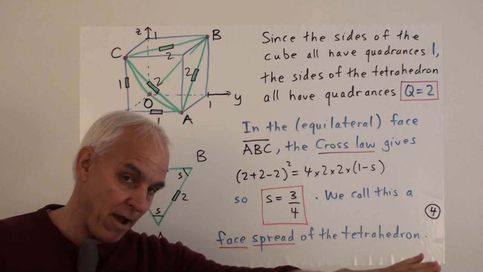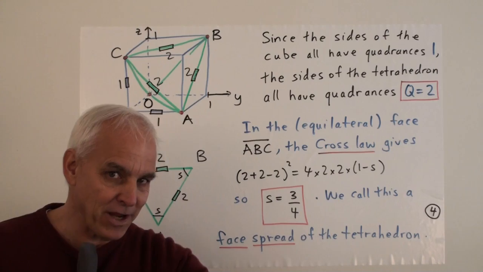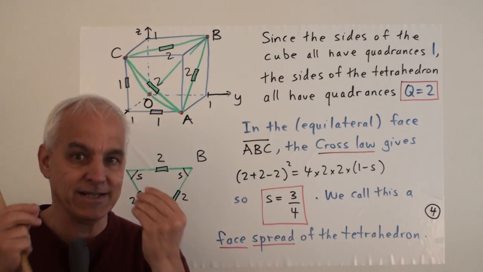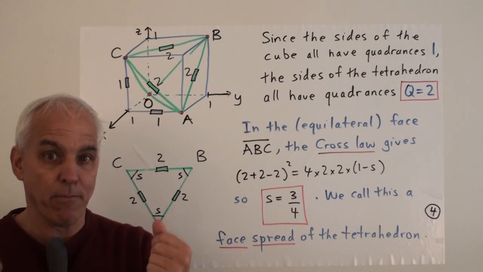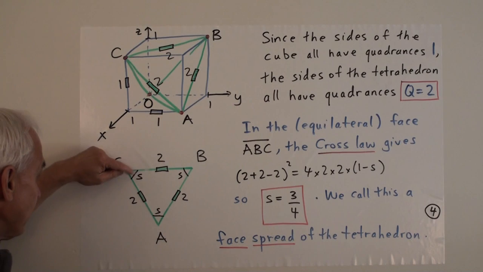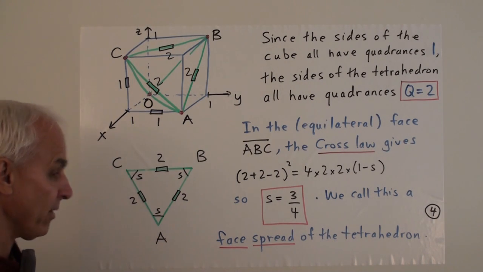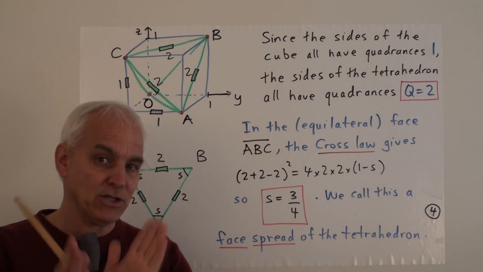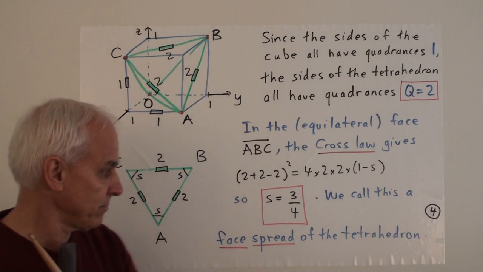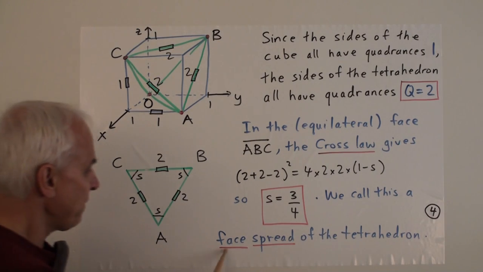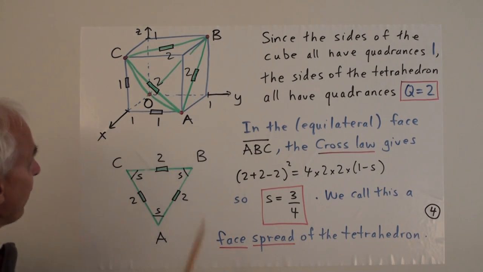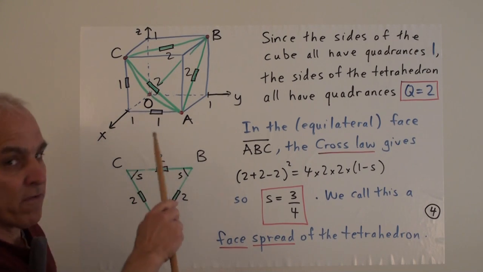Okay, so we forget about pi by 3, we forget about 60 degrees. Now 3/4 is the essential God-given number that we want to associate to an equilateral triangle, the vertices there. They have spreads of 3/4. And we call this the face spread of the tetrahedron because that spread will occur in each of the 4 faces.